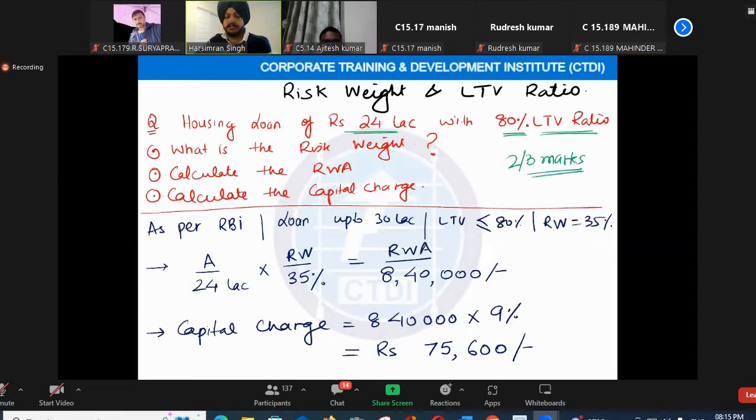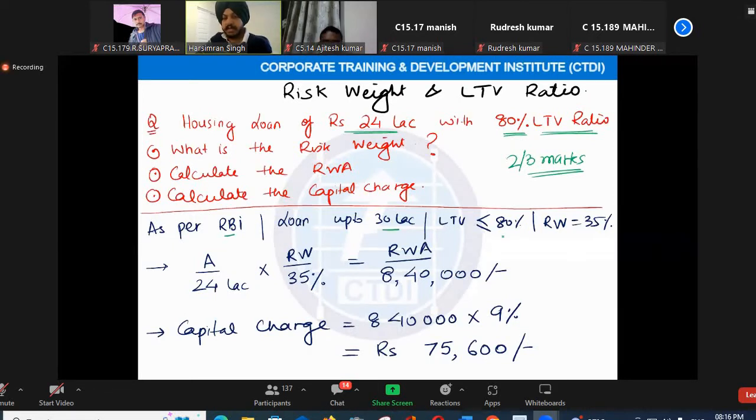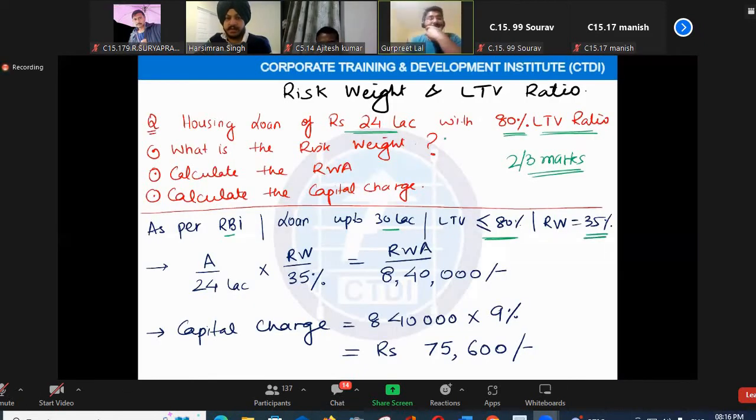Now the chart is in front of you. The housing loan is up to 30 lakhs. LTV ratio is 80%. So first tell me, what will be the risk weight? As per RBI, loan up to 30 lakh, LTV less than or equal to 80%, the risk weight is 35%. So your risk weight is 35%. Now second question is calculate the RWA.